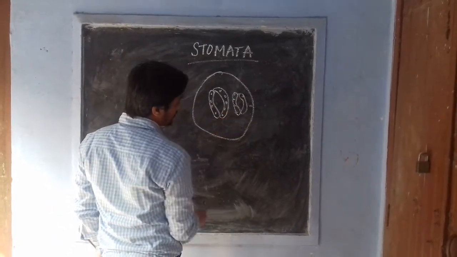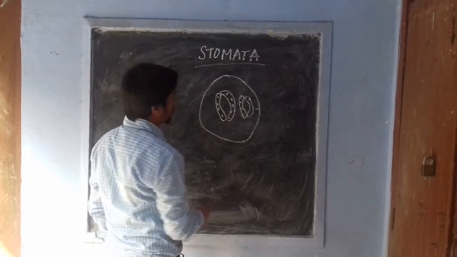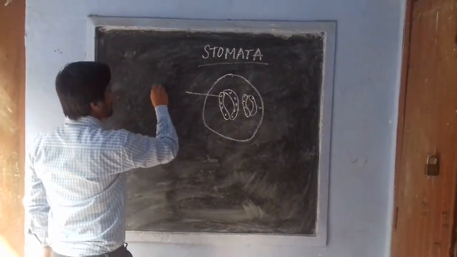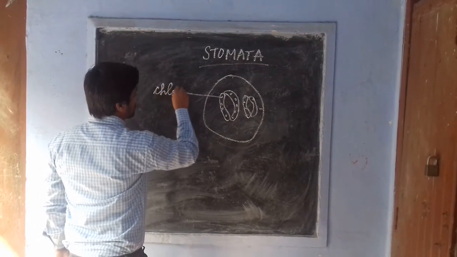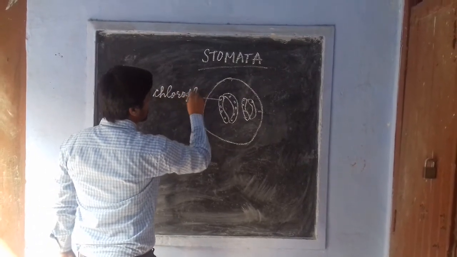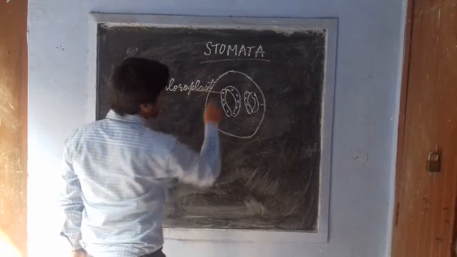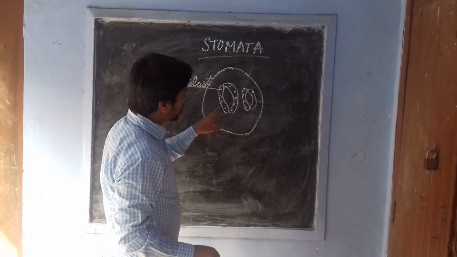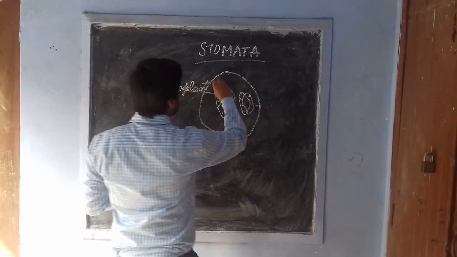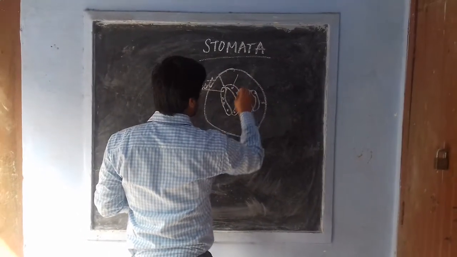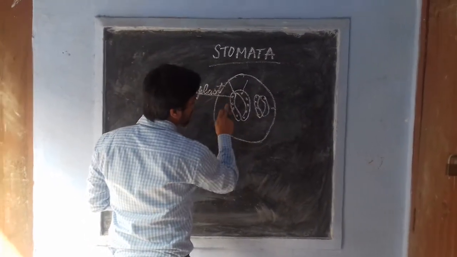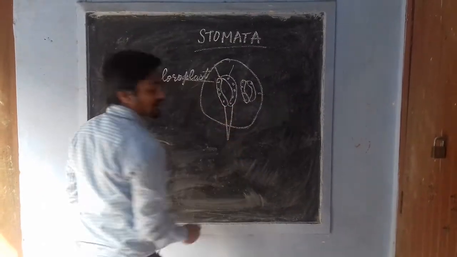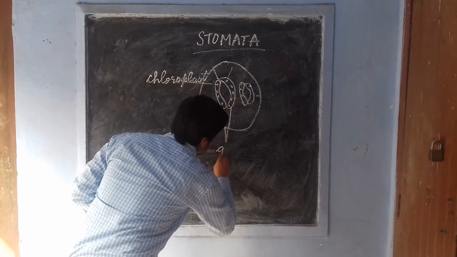This is an open stomata, and there are small structures called chloroplasts present in it. These chloroplasts contain the pigment chlorophyll. Now this stomata is guarded by a pair of guard cells. These two cells together are considered the guard cells.